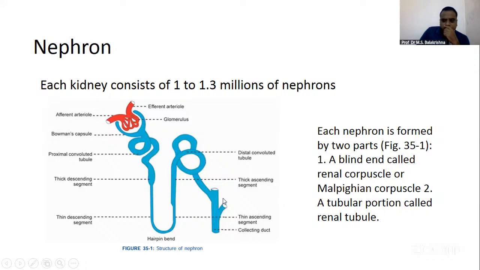Here in the Bowman's capsule, the afferent arteriole will come and the efferent arteriole will go. So blood will come and it will go back. Once the blood comes and goes out, the waste part of the blood is filtered over here. And that is how the urine is formed. The liquid comes out.